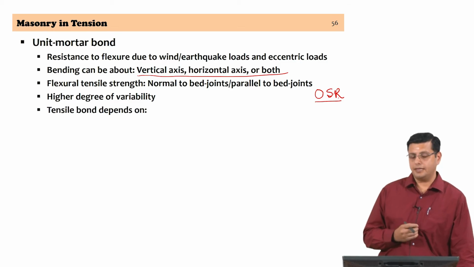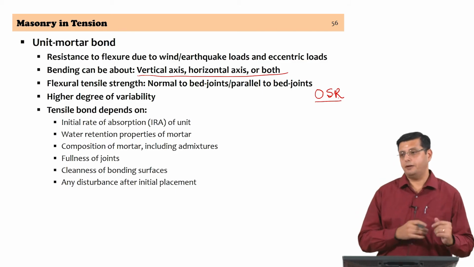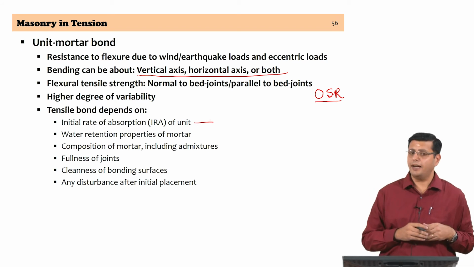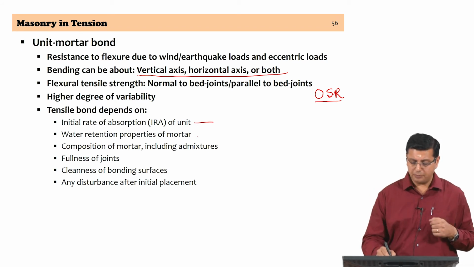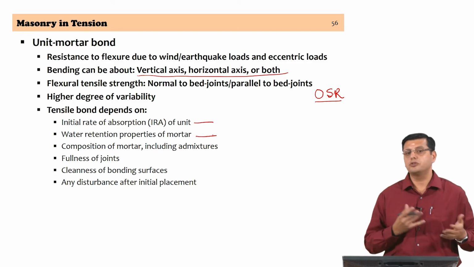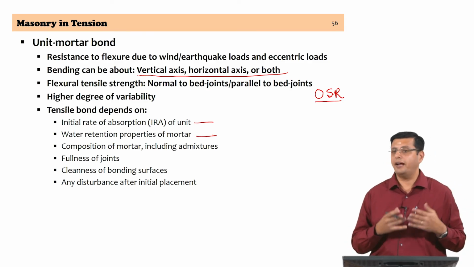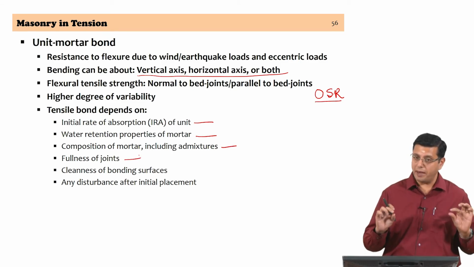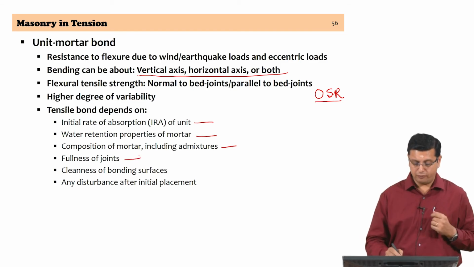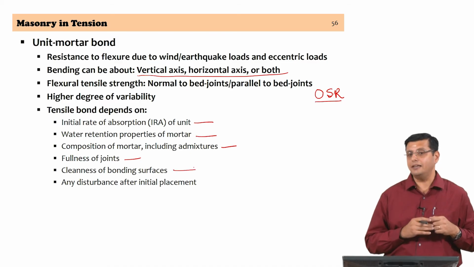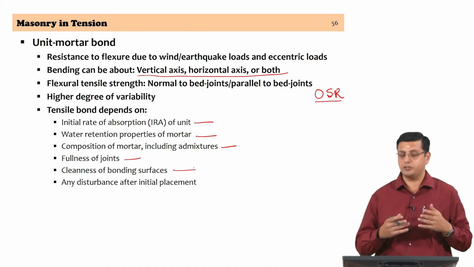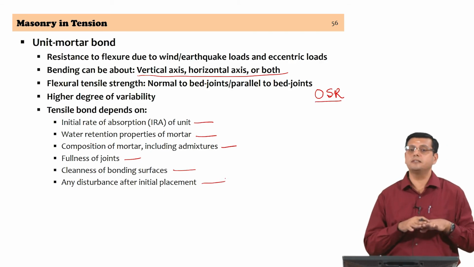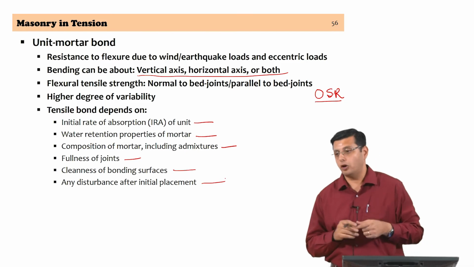This bond, the tensile bond, depends on a number of parameters that we have looked at earlier: the initial rate of absorption, IRA, the water retention properties of the mortar, what sort of composition the mortar has, whether you have used admixtures, how well the joint itself is made, so workmanship matters, whether the surfaces are clean, whether there are dust particles that inhibit the formation of good bond, and after placement, if there are disturbances in the initial period, your bond can get affected.